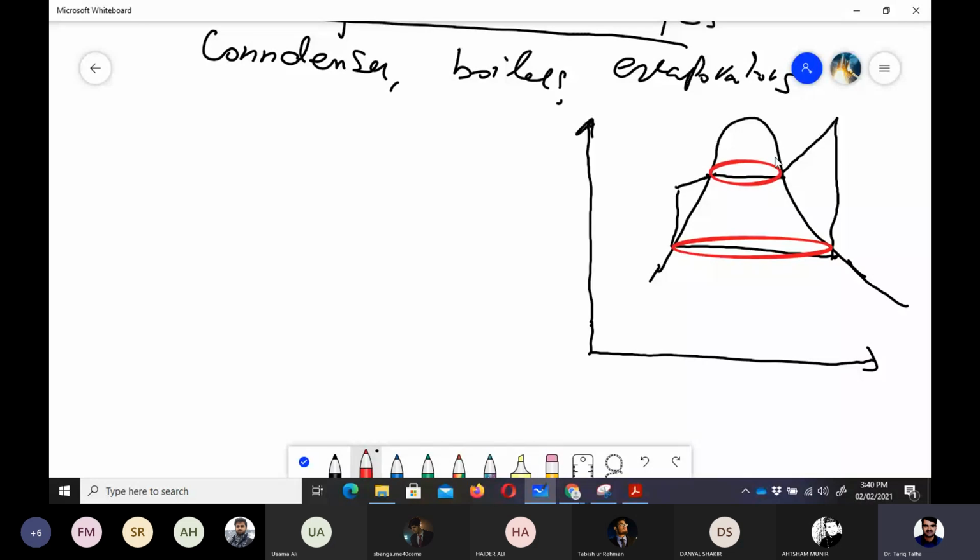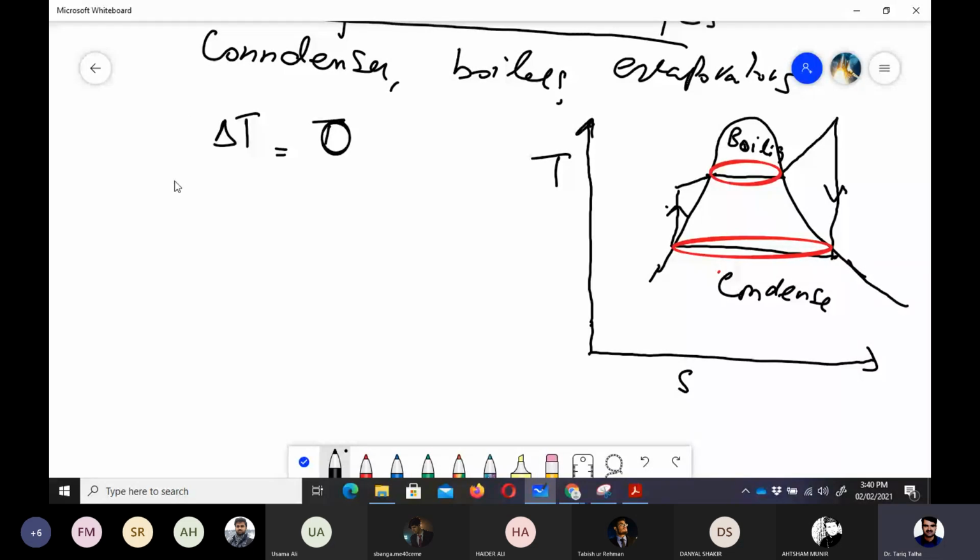These are the phase change processes. So this is the condenser, this is the boiler, and this is boiling. So it means that delta T in the condenser would be 0.